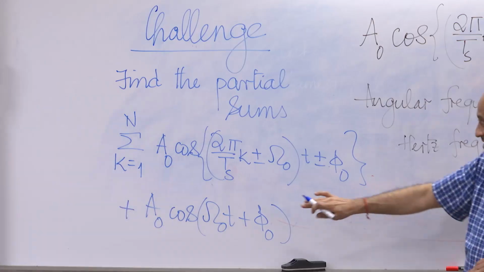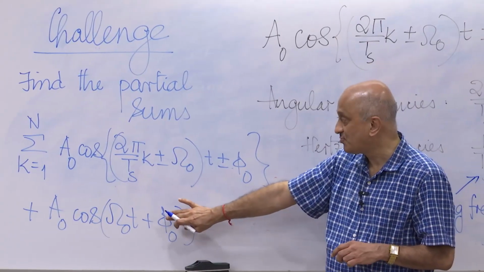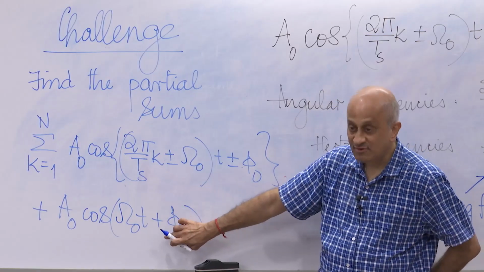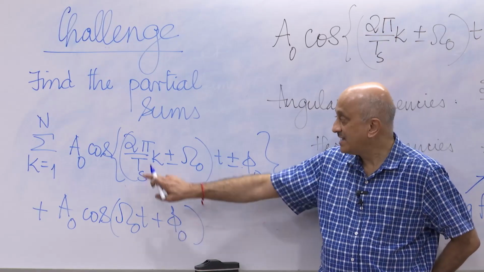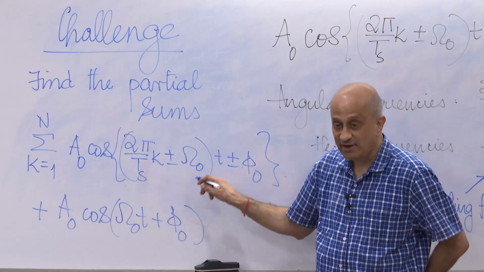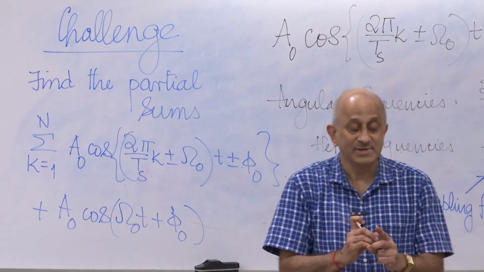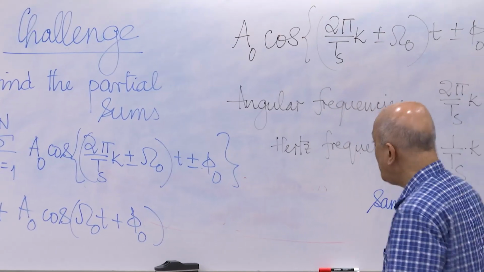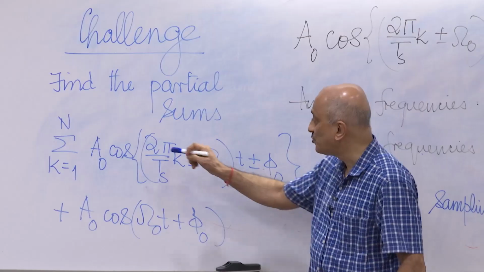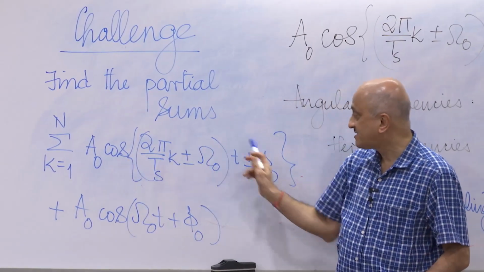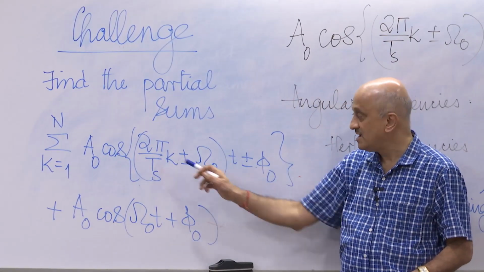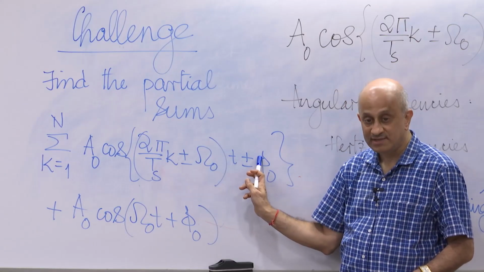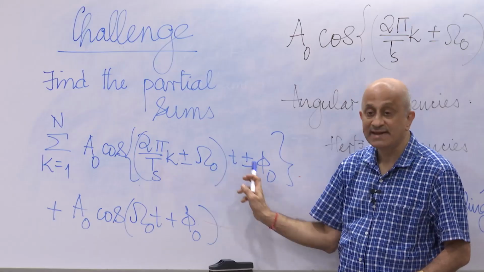Now, please understand the question. What I am asking you to do is, you have the original sinusoid and you have all these sinusoids which are created, which have the same samples at the same points, right? When you add them, you must add both, so this summation has two terms actually. The plus term taking plus with both, and the minus term taking minus with both.